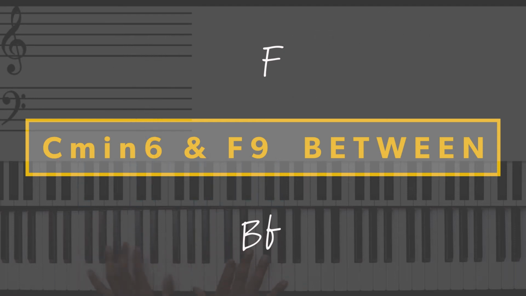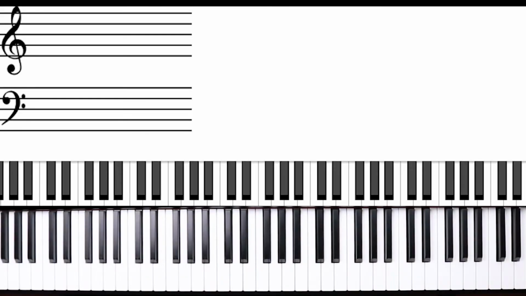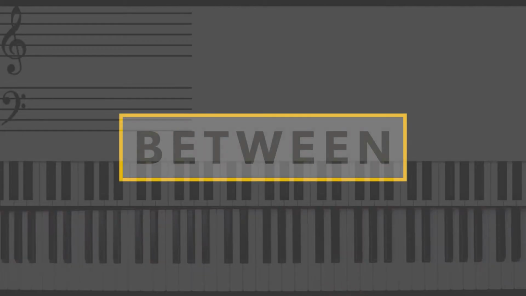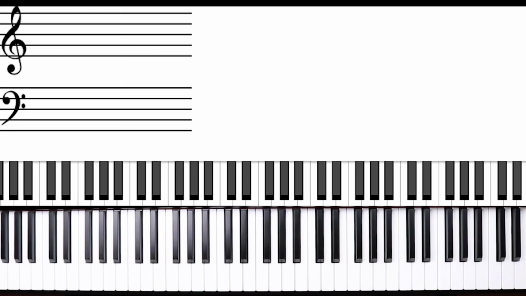The C minor 6 and the F9 are not needed within the song to survive. So that also helps you understand what a passing chord is: a chord or chords used in between two chords that are not necessarily needed to help the song function.